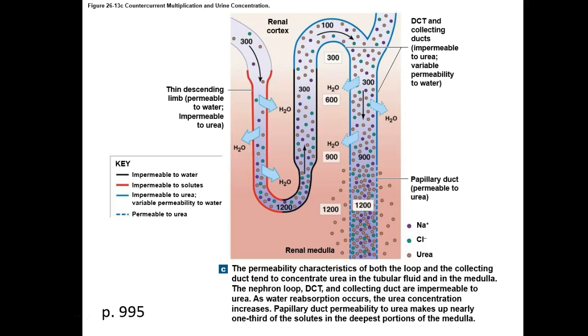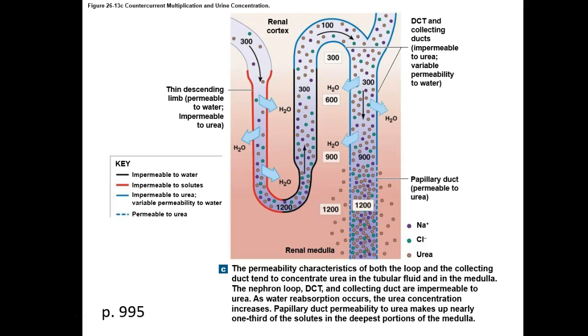It's impermeable to urea because you are trying to get urea out, but it can be permeable to water. And again, this is because of the design of the cells, but also this concentration gradient. So sodium and chloride would be the ones that would tend to move on out.